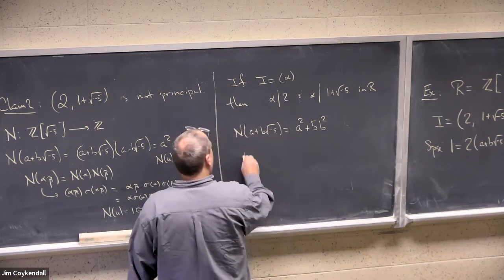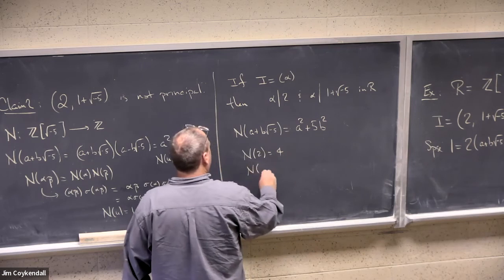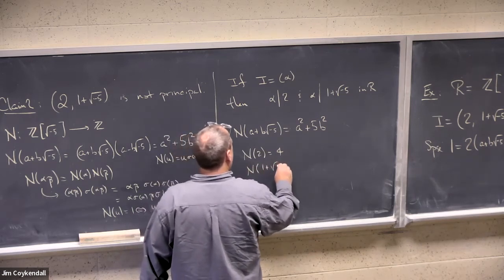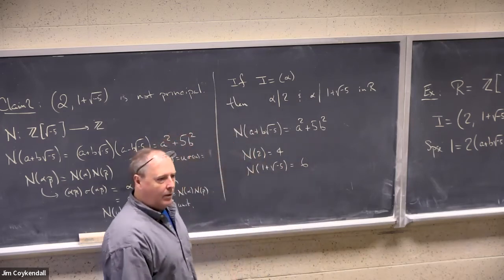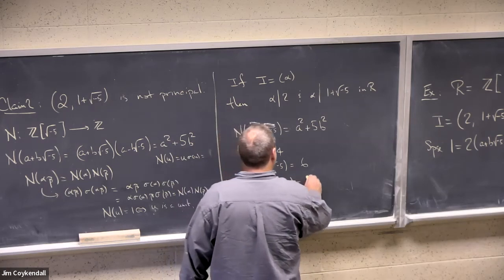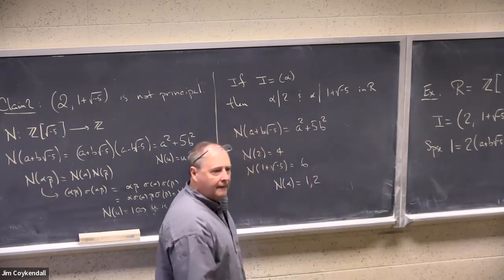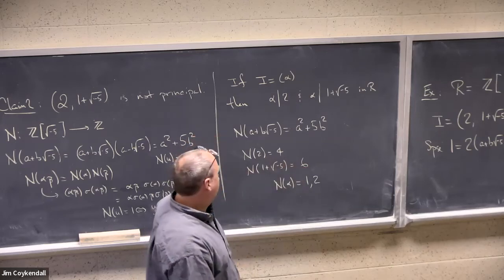So the norm of 2 is 4, and the norm of 1 plus radical -5 is 6. So the norm of alpha must be 1 or 2, by the divisibility of norms.